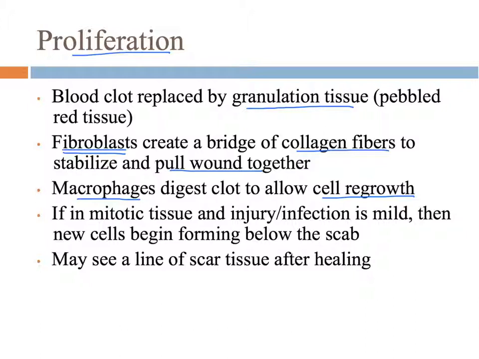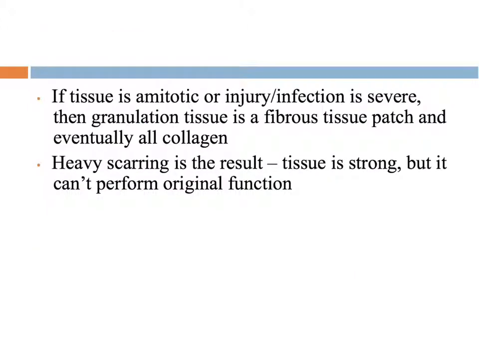When you're done with complete healing, there may be a tiny line of scar tissue, but there's really not much scarring. But if the tissue is amitotic or the injury or infection is severe, then the granulation tissue becomes a fibrous tissue patch instead of new regenerated tissue, and eventually it becomes all collagen. That heavy scarring is the result. The tissue is quite strong, but it can't perform the original function.